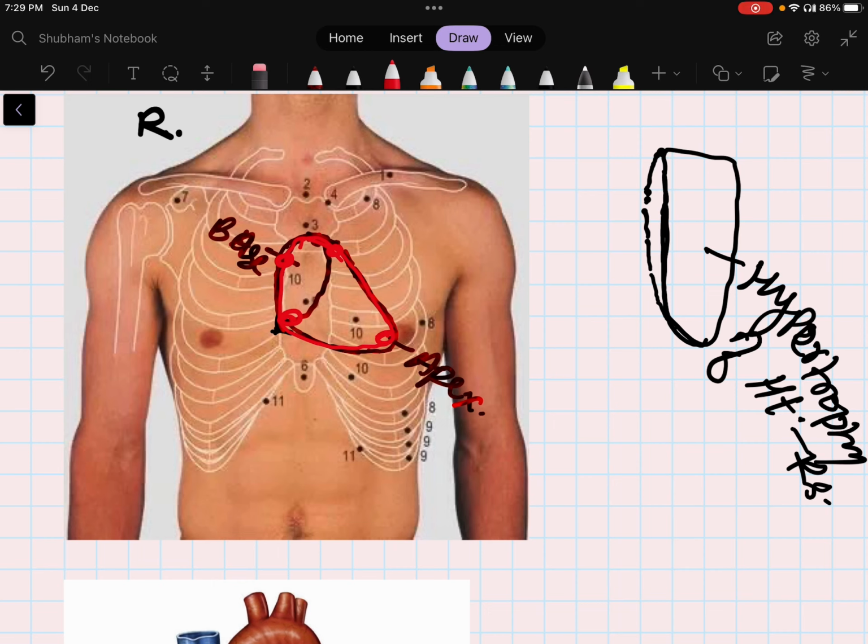Or especially when you are taking ECGs, you are going to place the leads. We are going to discuss all of these things, the heart sounds, ECG, the percussion part, and you will be able to clearly rule out where our heart is present.